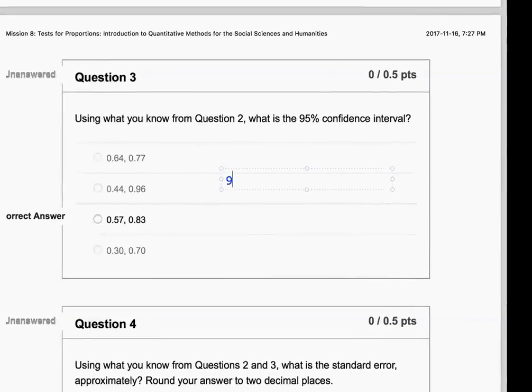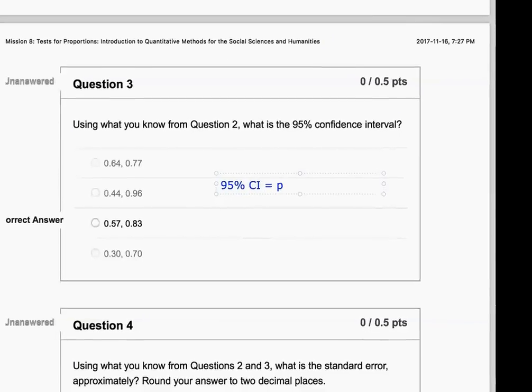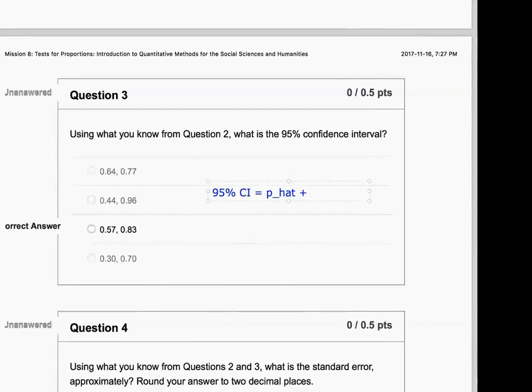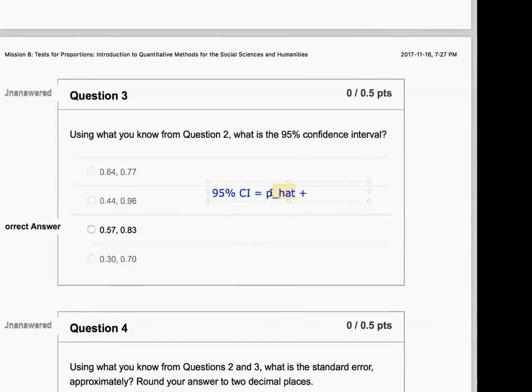So just keep in mind that the 95% confidence interval formula is p hat plus, so sometimes I'll do an underscore here. That's just to reference that p hat will sometimes have a different kind of formatting than this little caret here.